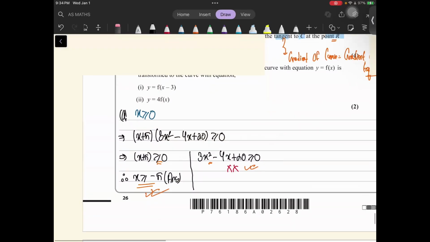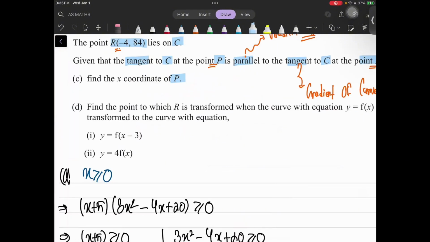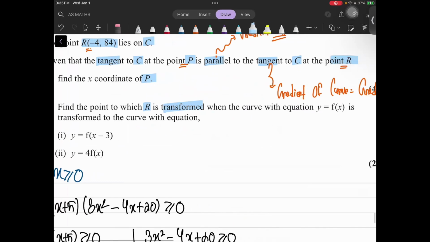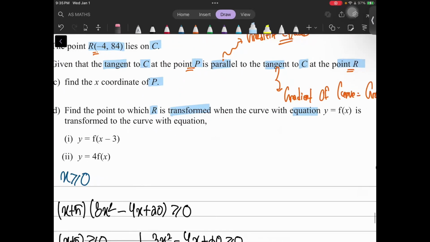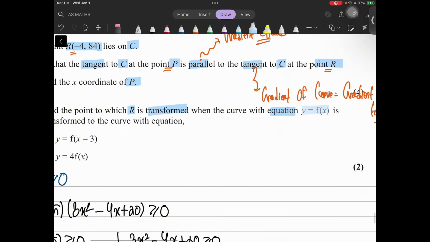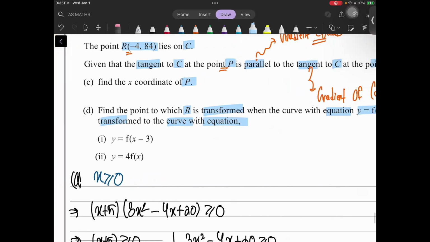Now, he said to find the point to which R is transformed when the curve with the equation y equals f of x is transformed to the curve with the equation given.